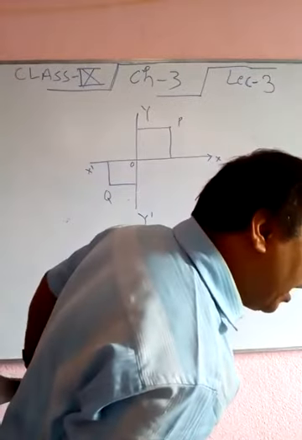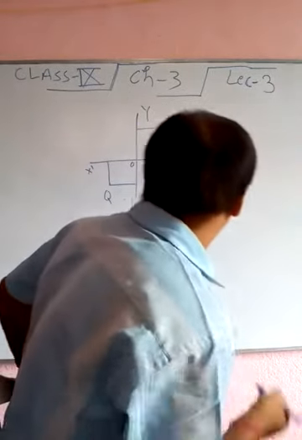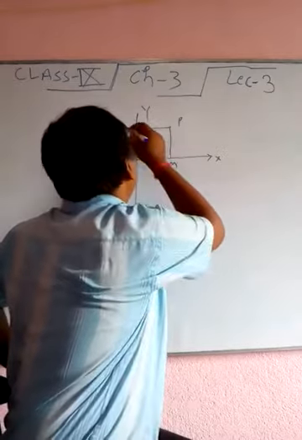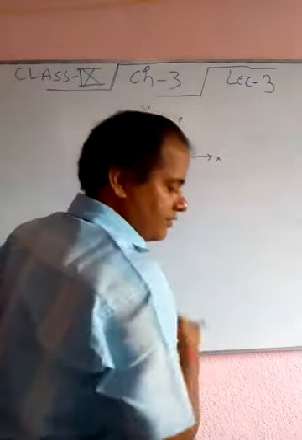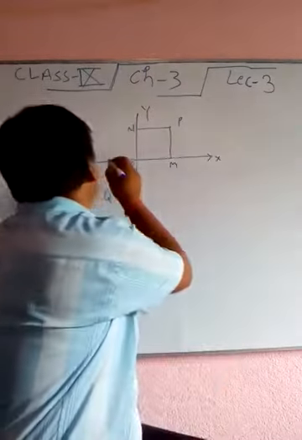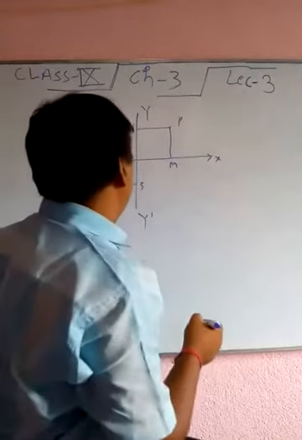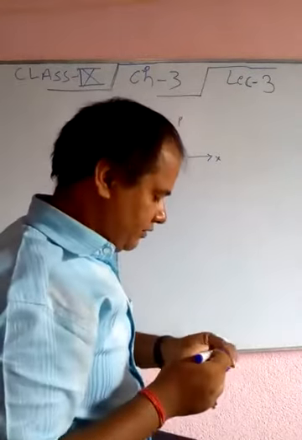So this is R, and PMN. Here it is M, here it is N, here it is QRS. R is on the x-axis and this is S on the y-axis.